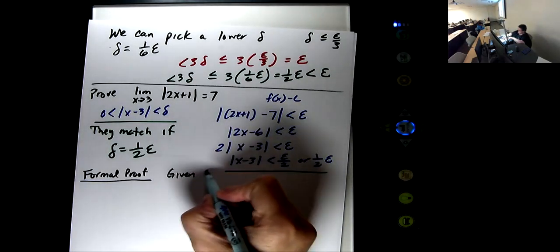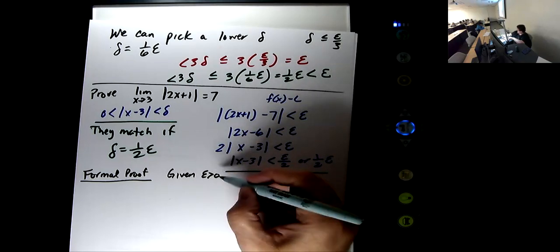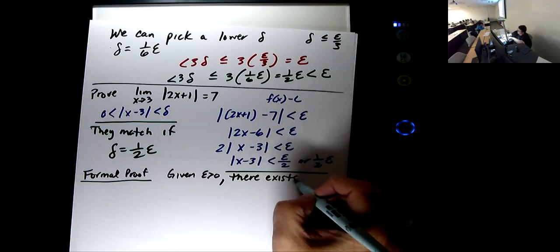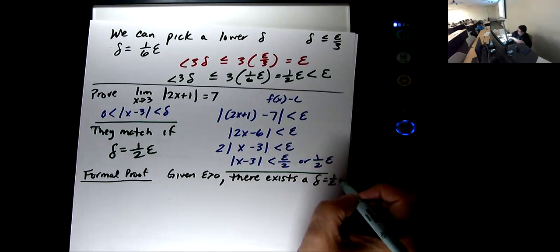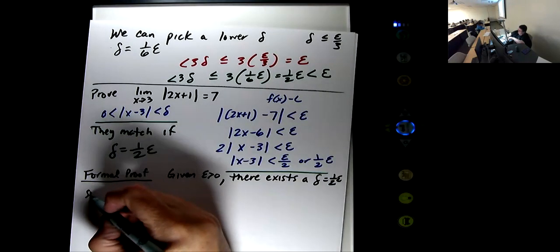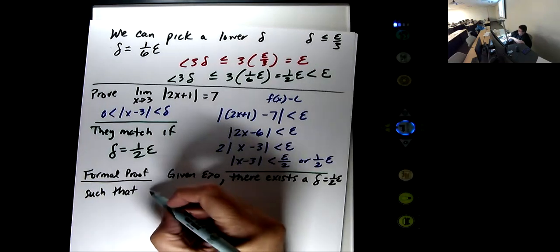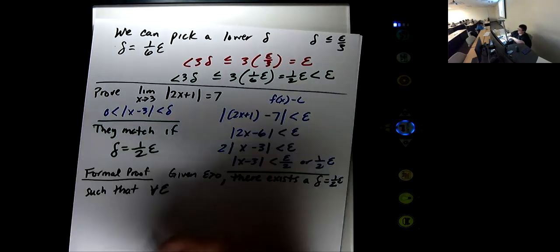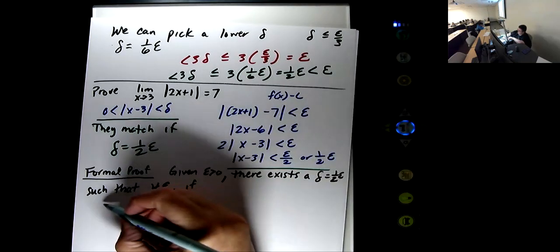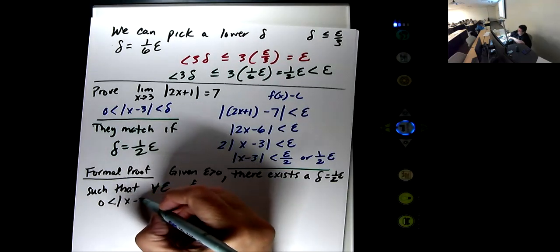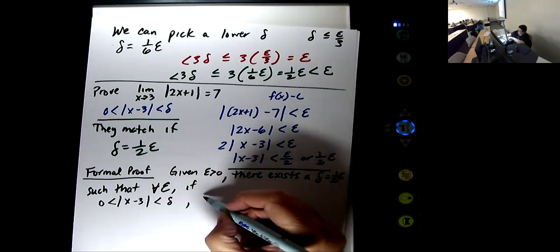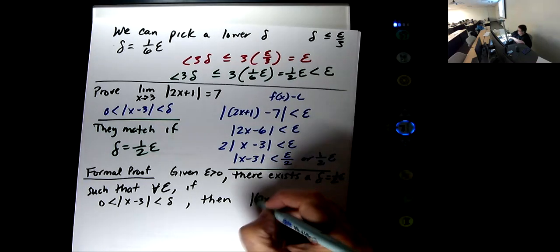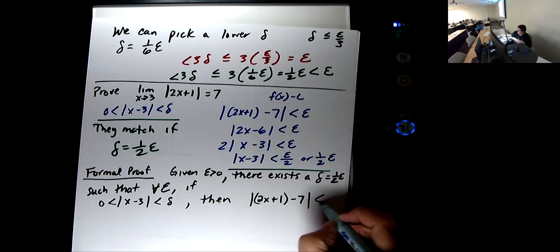Given epsilon greater than 0, there exists a delta equal to 1/2 epsilon, such that for all x, if 0 is less than the absolute value of x minus 3 is less than delta, then the absolute value of 2x plus 1 in parentheses minus 7 is less than epsilon.